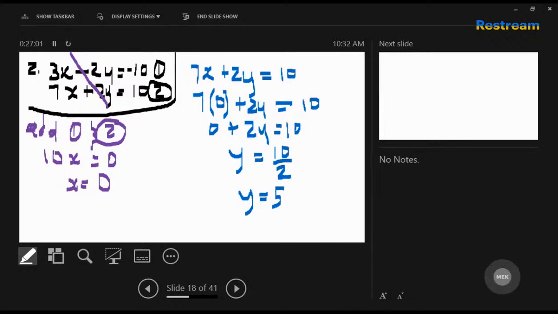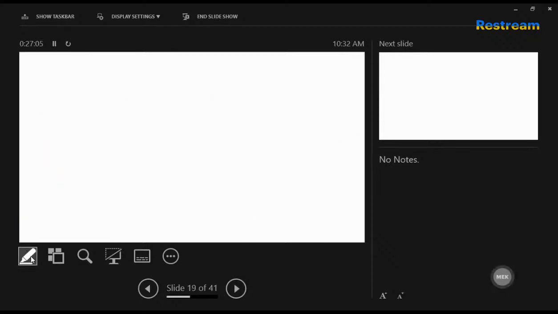The other example also has coefficients that are the same, but this time the coefficients are both positive. So I want to show you an example of that one. So we have 4x minus 2y is equal to 46.